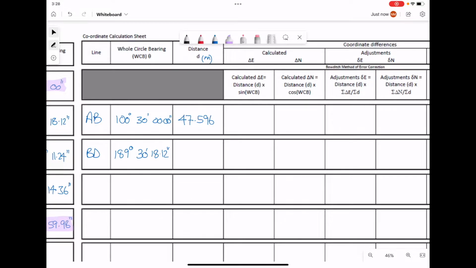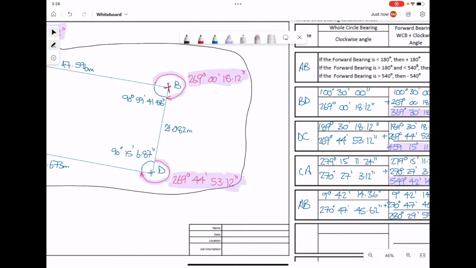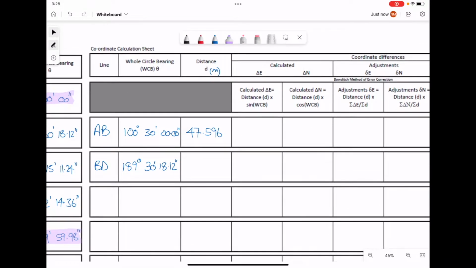And from our traverse plot, the distance that we had calculated, 21.082, can be filled in under the distance column.